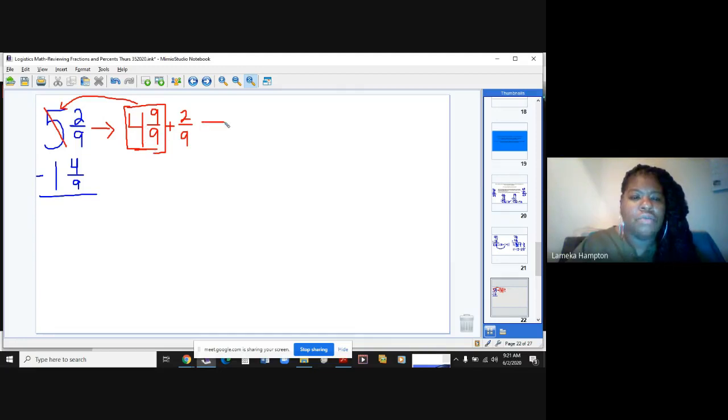Now, when I do that, I now can add 9 plus 2 because I now have the same denominators down here. So now my answer is going to be 4 and 11 over 9. Now, again, I understand that this may look funny, but this is going to help with solving our problem.